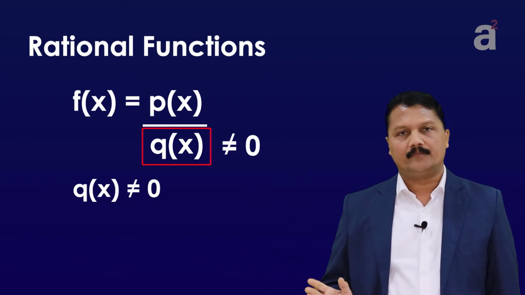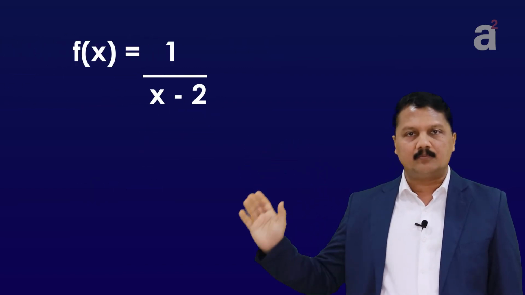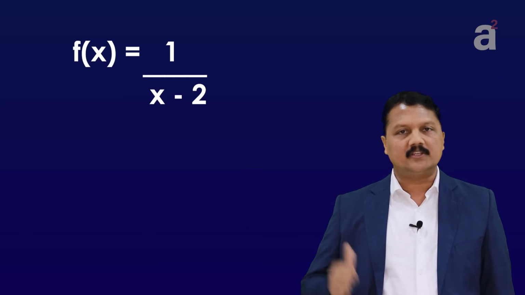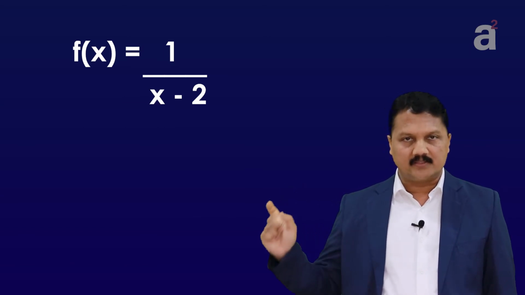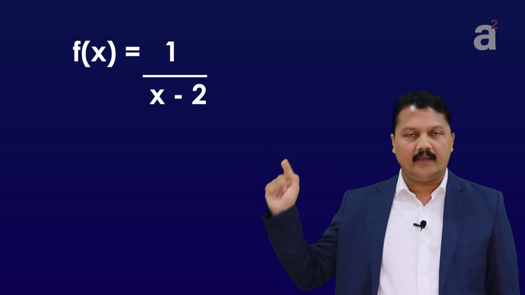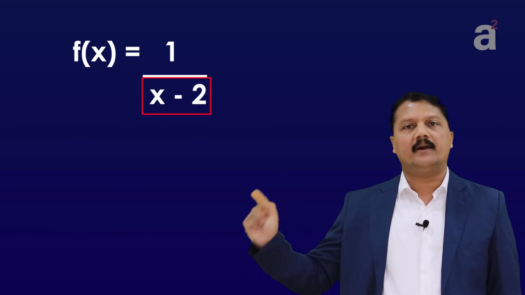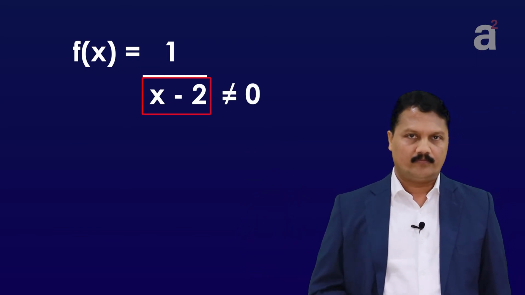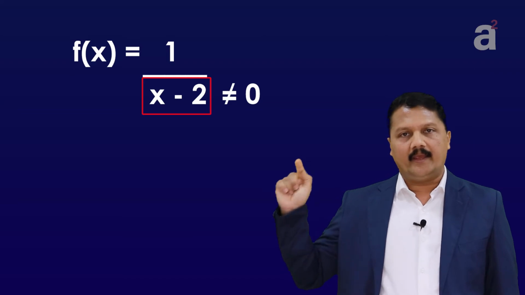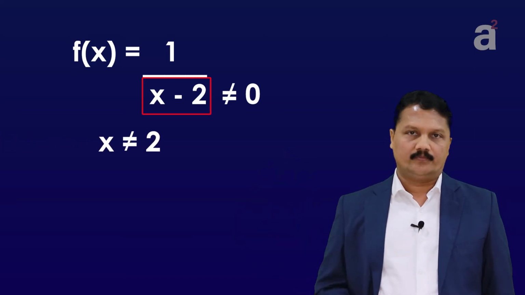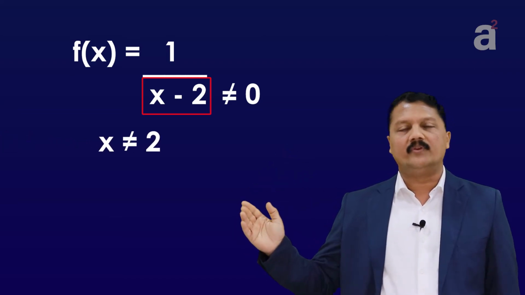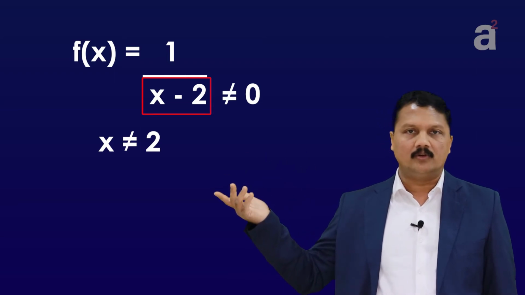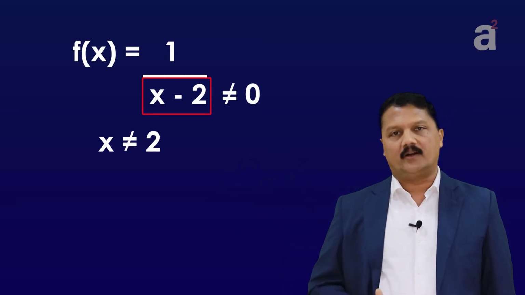For example, if you take 1 over x minus 2, for this function, f of x is equal to 1 over x minus 2, x minus 2 cannot be 0. That means x cannot be 2. So any real number which is not equal to 2 is the domain of this function.